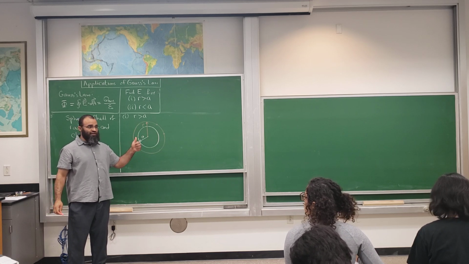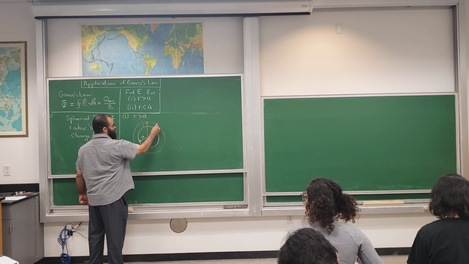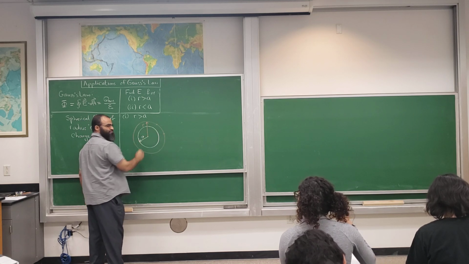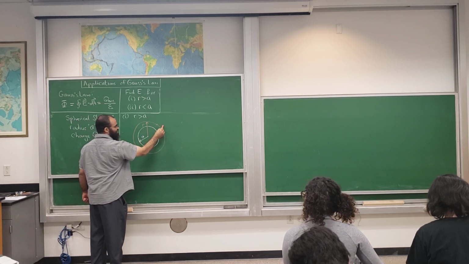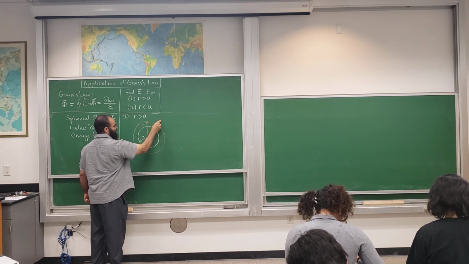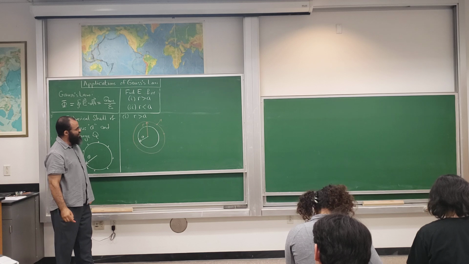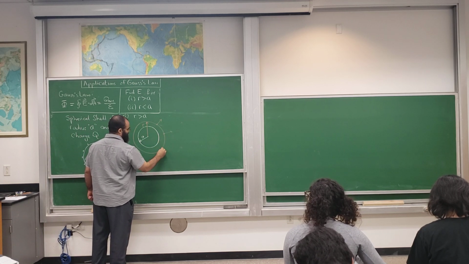So that's already good. The next thing: in what direction is the field at this point? Radially outwards. You will not say it's somehow this way or that way. It will be radially outwards, just by symmetry.